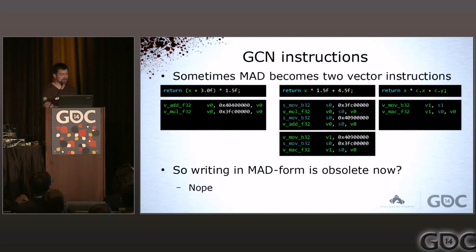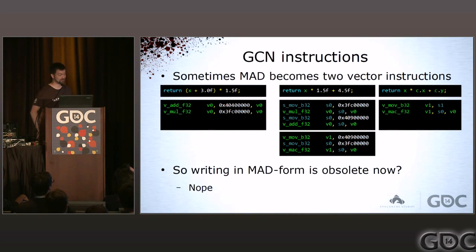So something I focused quite a lot on in my talk last year was the multiplies and adds. Because of these new restrictions on GCN, in many cases it still turns into two vector instructions, in all three of these different ways of doing it.